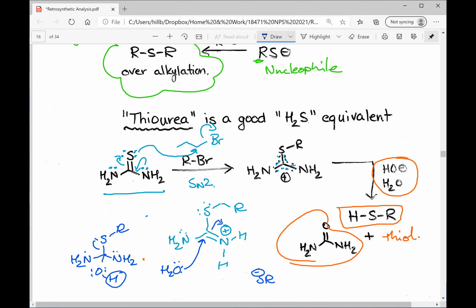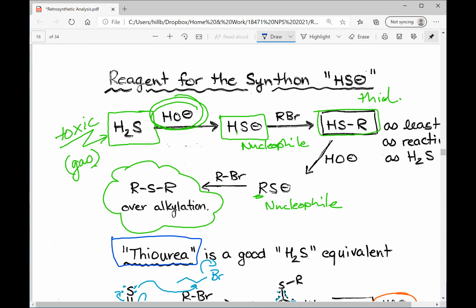And that would subsequently get protonated if you did an acidic workup. So thiourea is a way of installing an equivalent to HS minus.